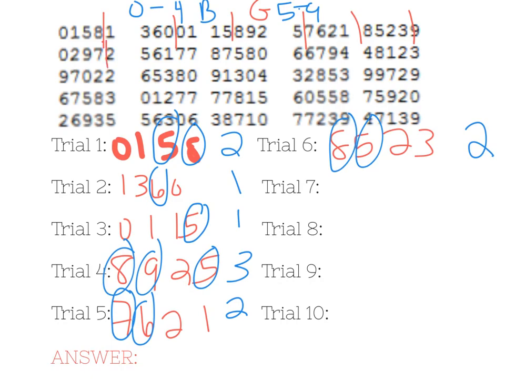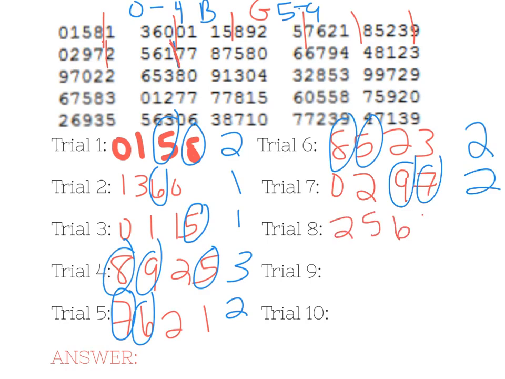So I'm going to have 0, 2, 9, 7. That's going to give me 2 girls. And then if I go to the next set right here, let's make it red, that's a 2, a 5, a 6, and a 1.